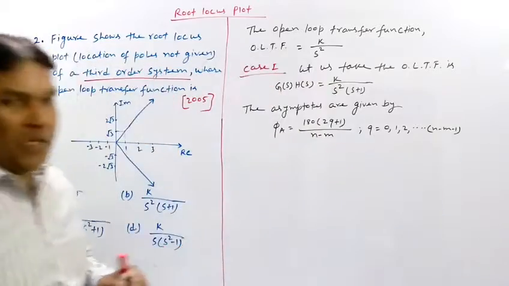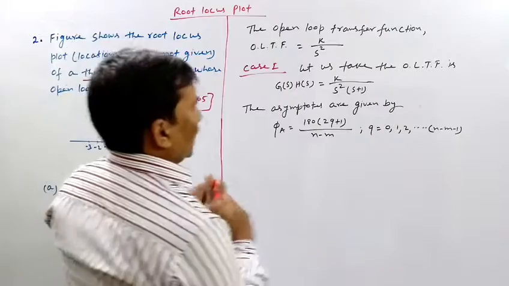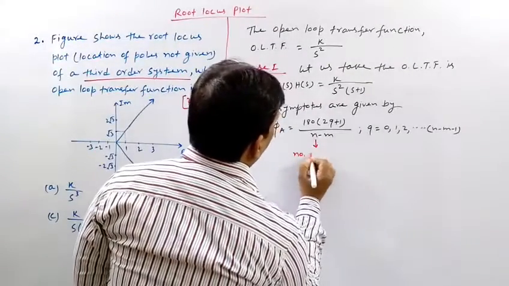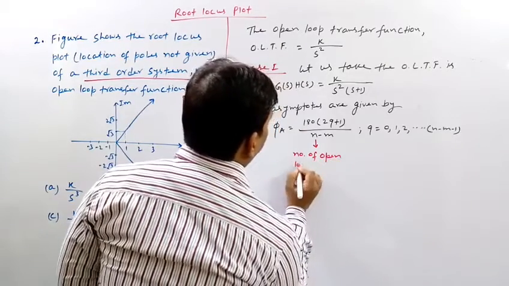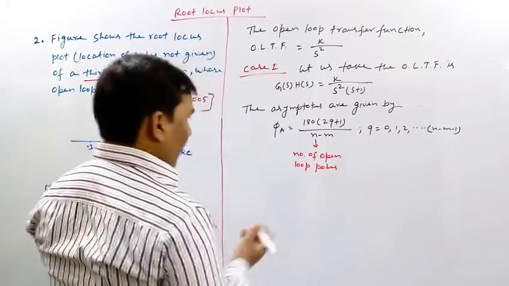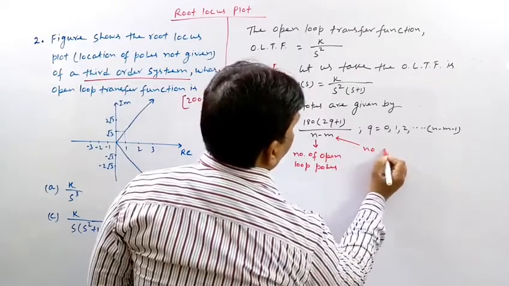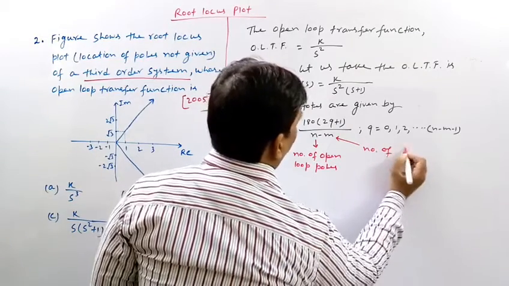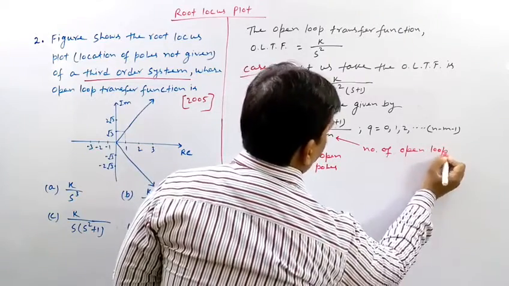Now let me elaborate what n and m are. Here n is the number of open loop poles, and m is the number of open loop zeros.